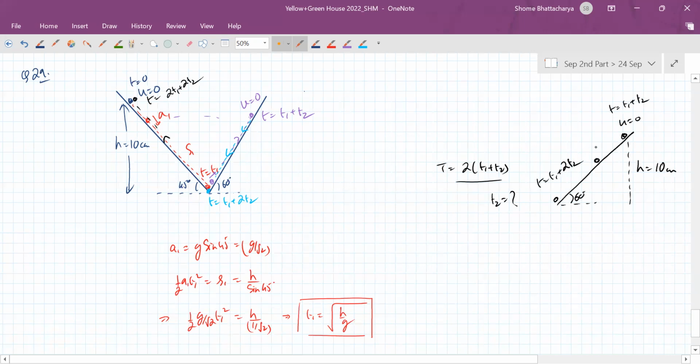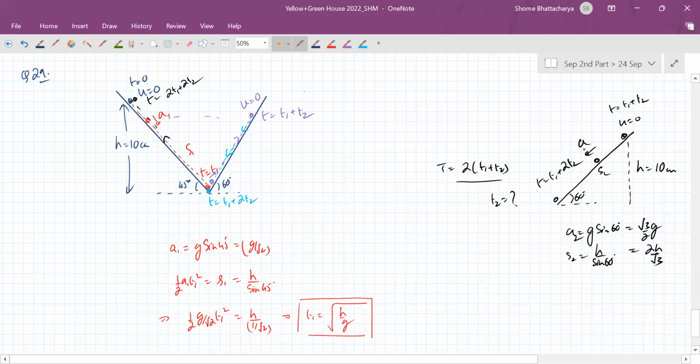During this time, from the highest point to the lowest point on the second slope, its acceleration is again g sine 60, so root 3 by 2 g. And the displacement S2 is h by sine 60 or 2h by root 3.